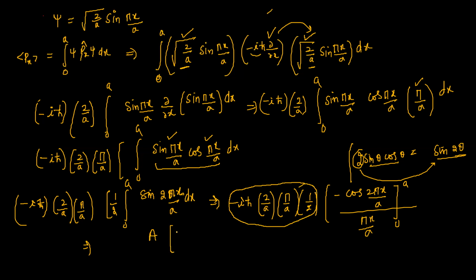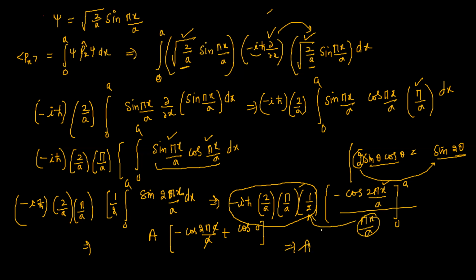Okay, so here I'm putting the upper limit, minus cos 2 pi. Now we put the limit in place of x. So here I will write a upon a, minus, minus plus cos 0. Okay, so this a will be cancelled out, and this term is also included in this.